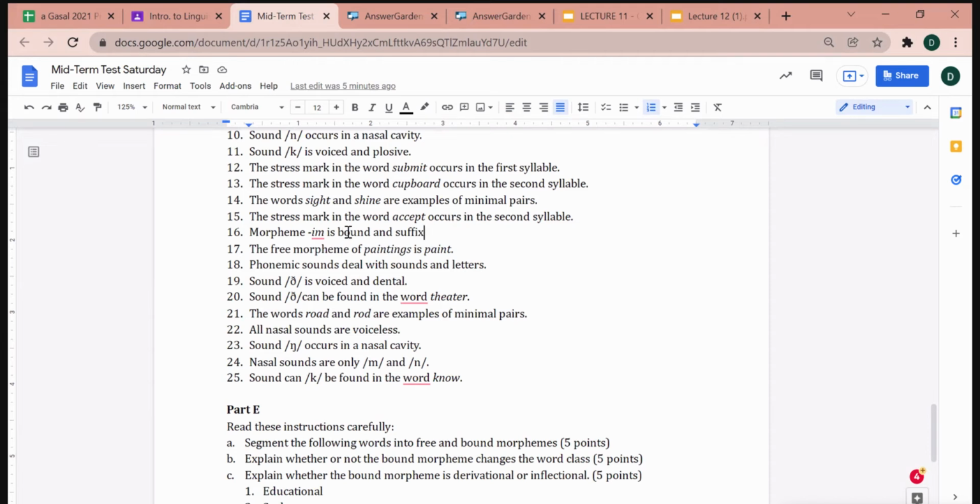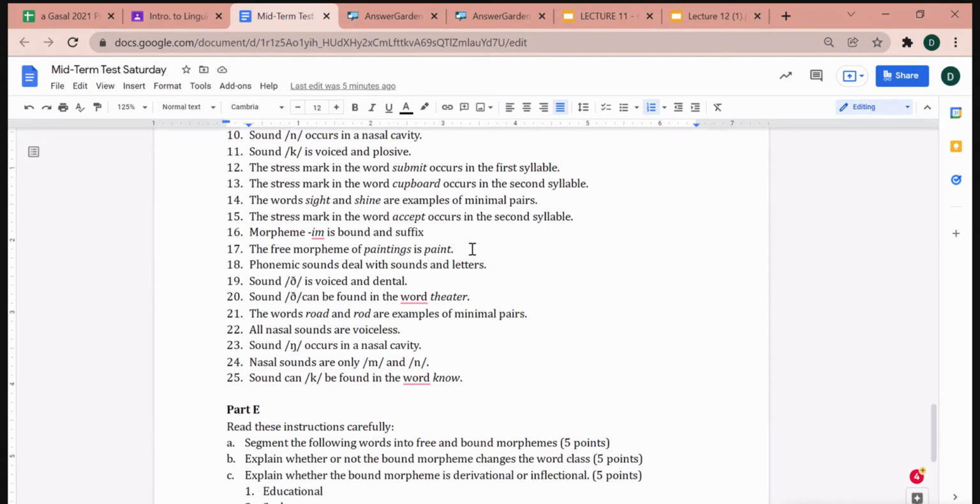Is it because of the bound or because of the suffix? It must be prefix. Yes, good. It is not a suffix, it is a prefix. Awalan ya, bukan akhiran.